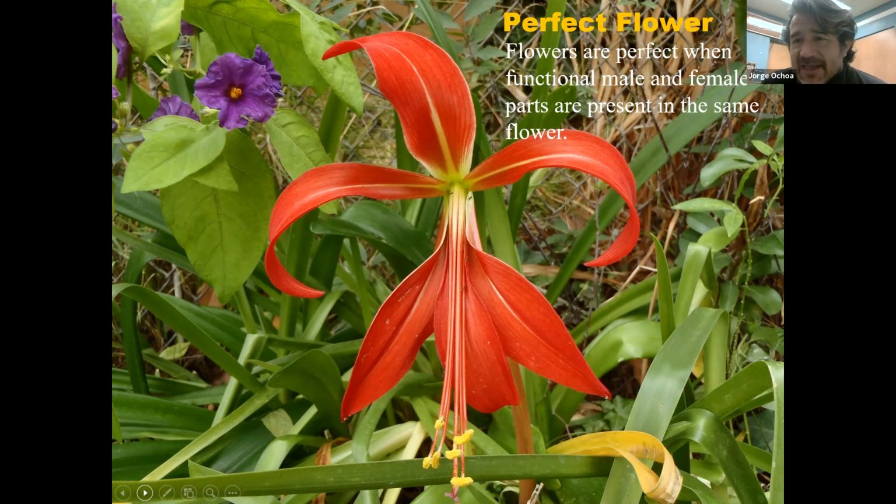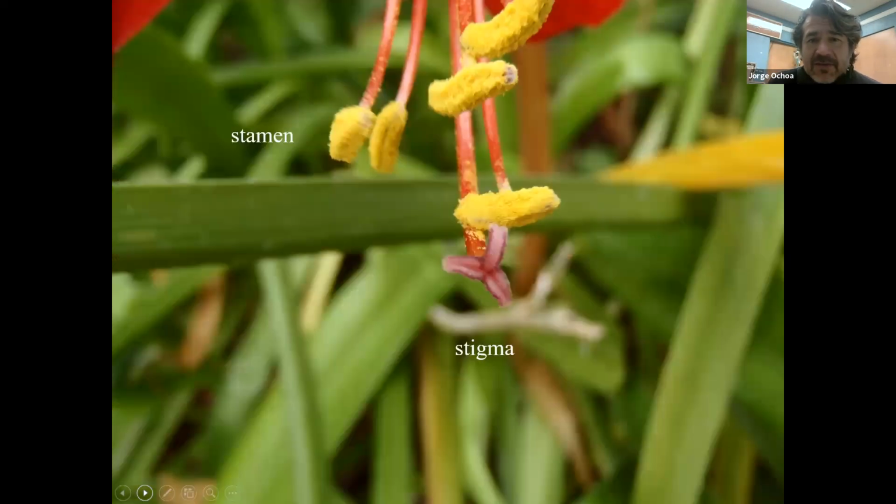And that is because they have the male and the female component on the same flower. And so here is the Aztec lily. And when we look very closely at it, we can see the stamens that have the pollen and the stigma or the female component. So it is very important for it to have both of them.